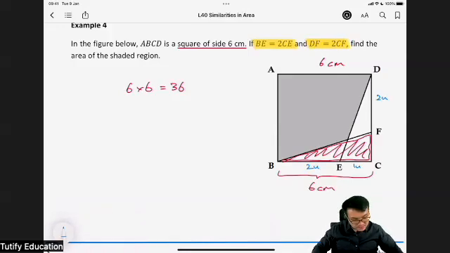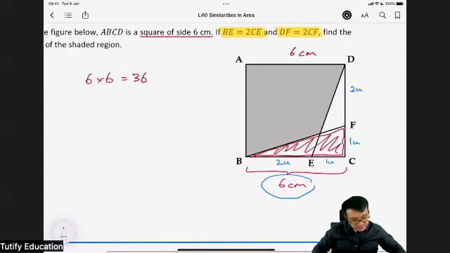DF is 2 times, CF is 1 unit. Yes or no? Correct. And you also know the entire length is 6 cm, right? Correct. So can you find the height over here? Yes. How many cm? 2 cm. Yes, this is 2 cm.